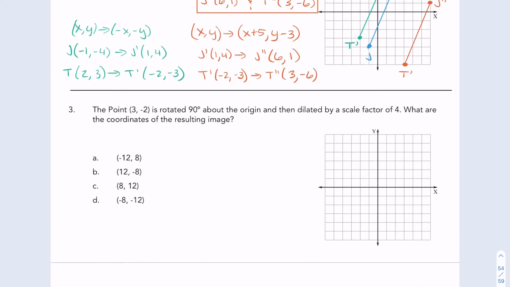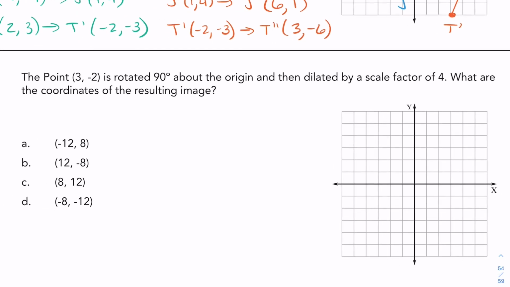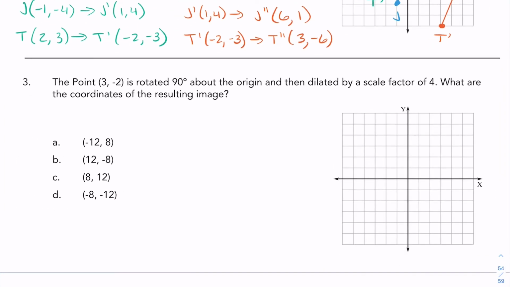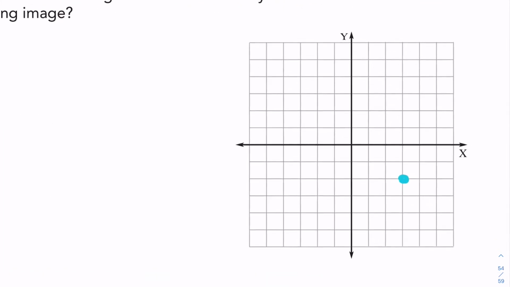Okay. The point 3, -2 is rotated 90 degrees about the origin. So 3, -2 is right here.